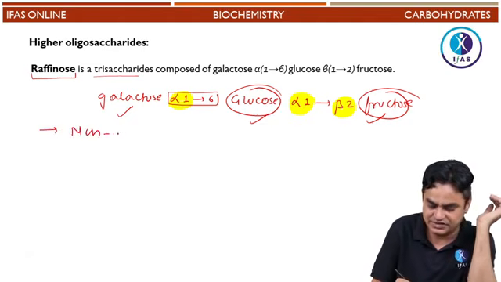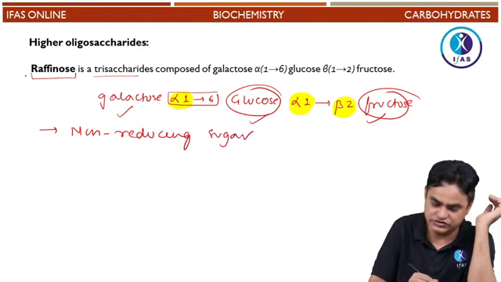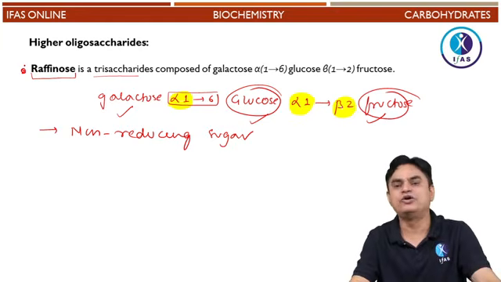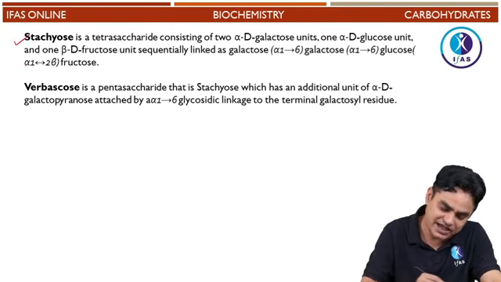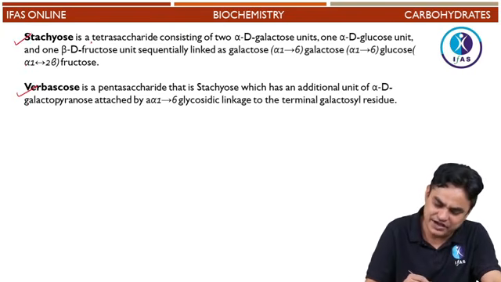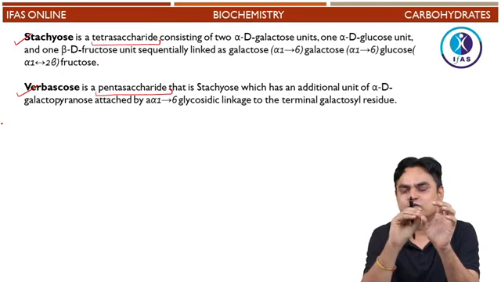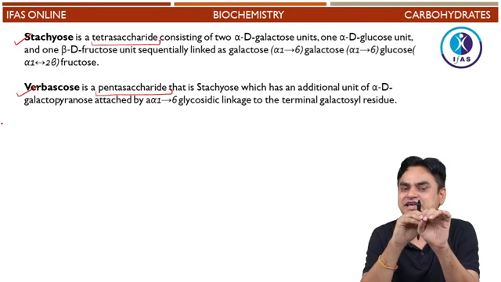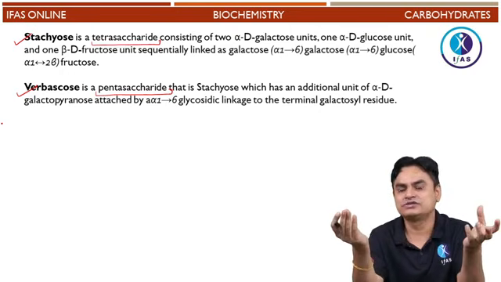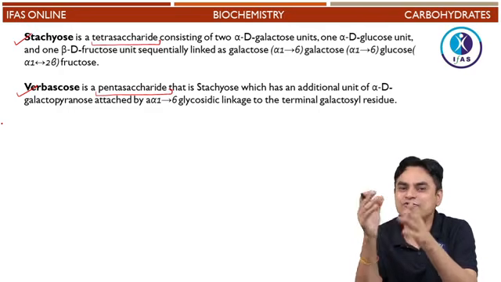So some plants transfer sugar in the form of raffinose, which is a trisaccharide but a non-reducing sugar. Similarly, there are stachyose and verbascose. Only keep in mind that stachyose is a tetrasaccharide and verbascose is a pentasaccharide. If you add one galactose to sucrose, it becomes raffinose. If you add one more galactose by an alpha 1,6 linkage to raffinose, it becomes stachyose. If you add one more galactose by alpha 1,6 linkage to stachyose, you get verbascose.